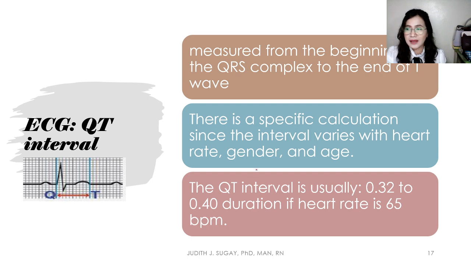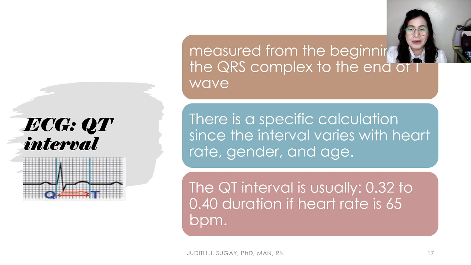QT interval represents the total time for ventricular depolarization and repolarization. It is measured from the beginning of the QRS complex to the end of the T wave.